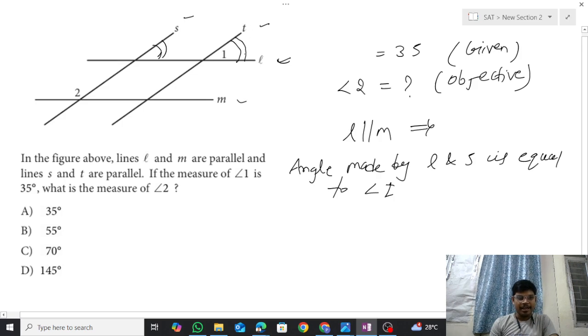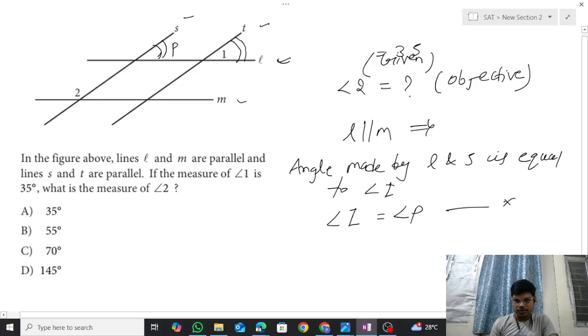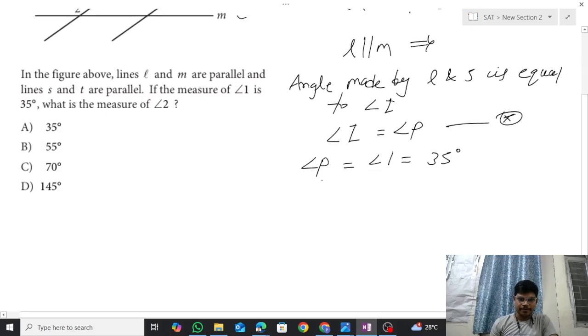The angle 1 is made by the line T and line S. I am naming this angle P. So angle P is equal to angle 1, which is equal to 35 degrees. So my angle P is 35 degrees.